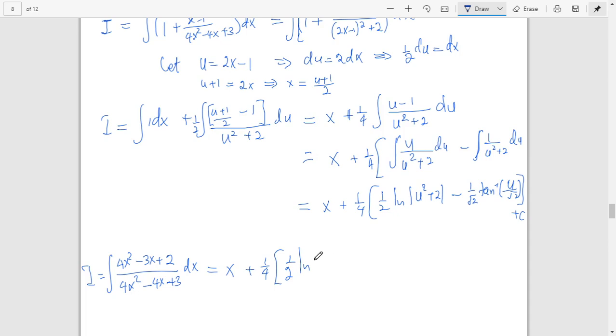So you can either write it as (2x plus 1) all squared plus 2, or you can write it as 4x squared minus 4x plus 3. Minus 1 over square root of 2 inverse tan of my u, which is (2x minus 1) divided by square root of 2, and then plus a constant c. And this will be all about this integral.